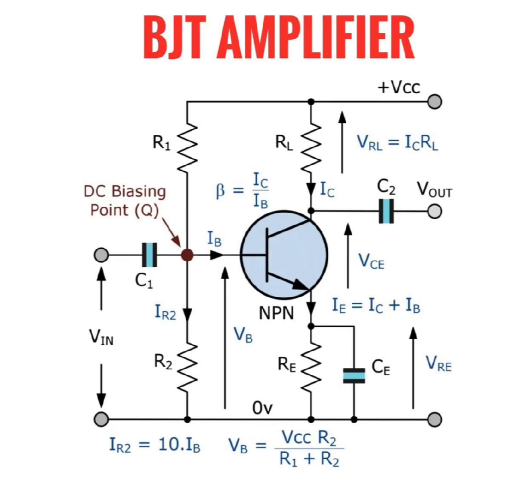Collector-emitter voltage is the most important voltage in the transistor analysis. It determines which operating region the transistor is in.